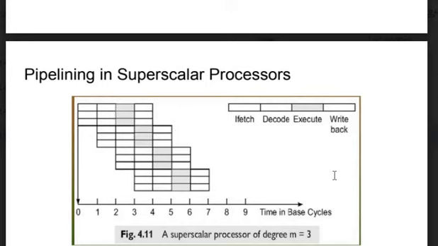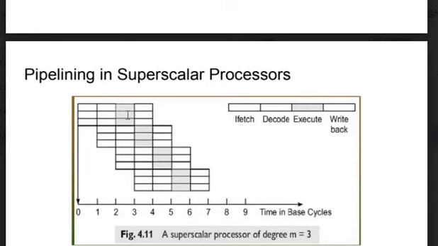That is a pure scalar with degree m equal to 1. As m increases it becomes superscalar. So if it is superscalar, execute will become 3 or more.